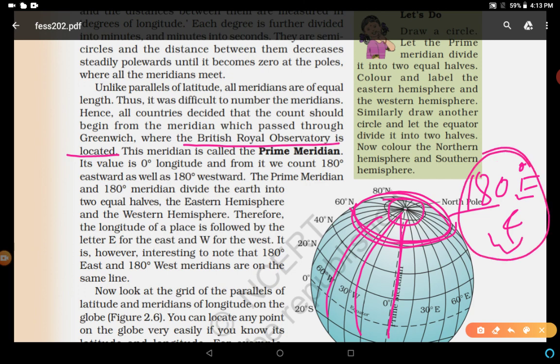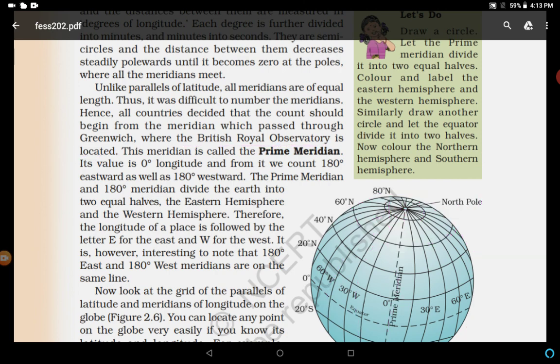It is exactly at the back side of the prime meridian. You can suppose this is the prime meridian, in front of us. If we move this figure, then at the back side of the prime meridian it will be 180 degree. So both lines divide the earth into two equal parts, eastern and western halves.